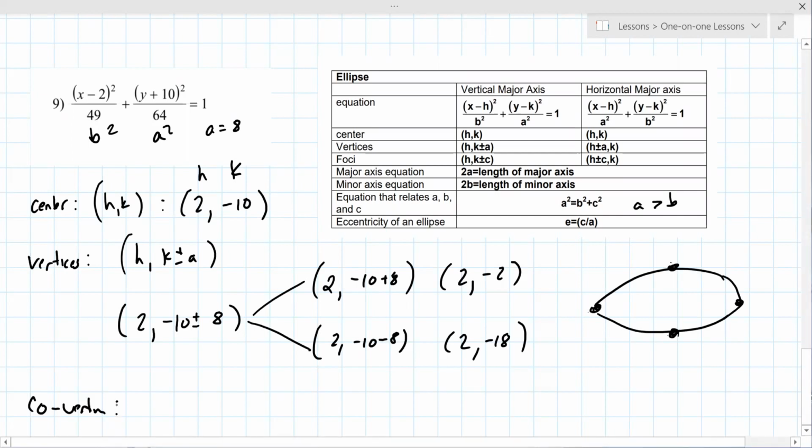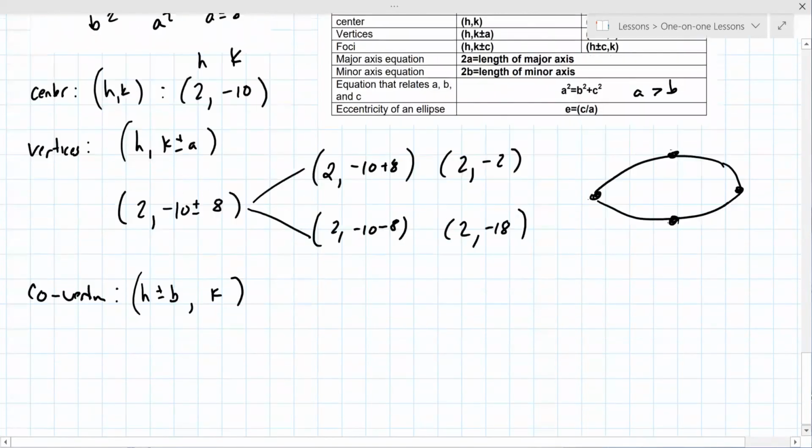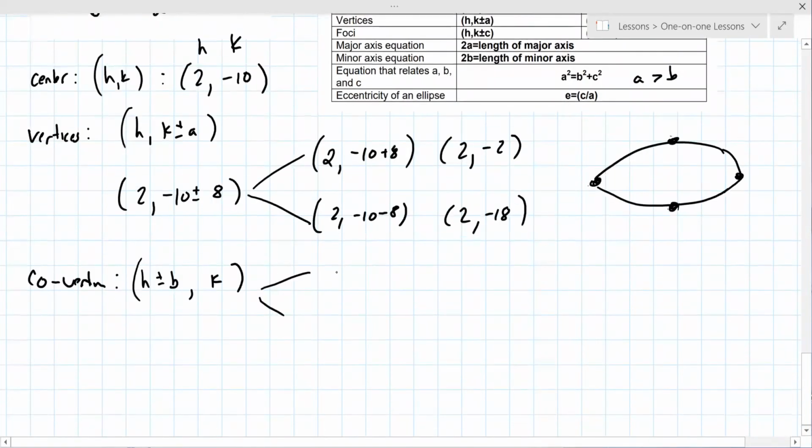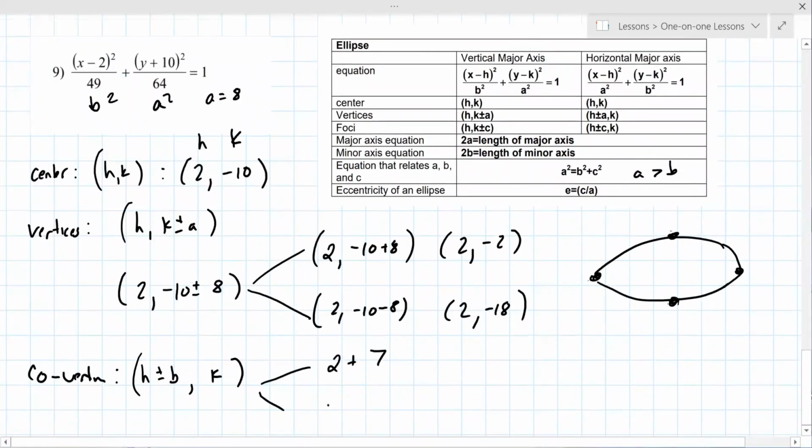All right. So the co-vertices are, this is a little weird, H plus or minus B comma K. So in your problem, that becomes 2 plus, and then B, if we look up here, is 7. 2 plus 7, 2 minus 7, comma, negative 10, comma, negative 10.